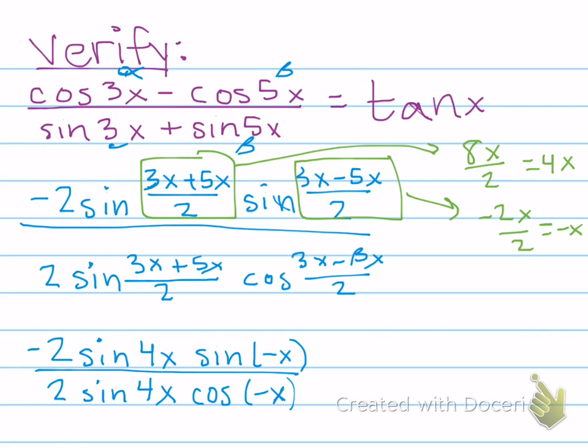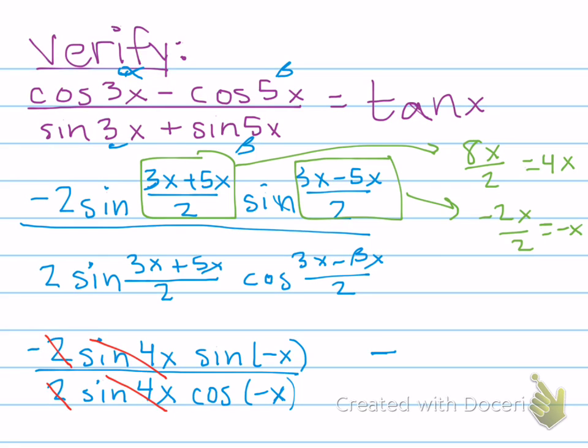And again, now I need to simplify from here. So these 2's out front are going to cancel. So these 2's are going to be gone. This sine of 4x is going to be gone. And now I'm left with the negative out front times the sine of -x.